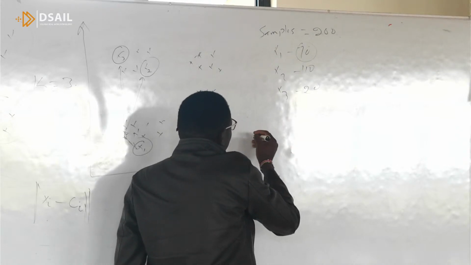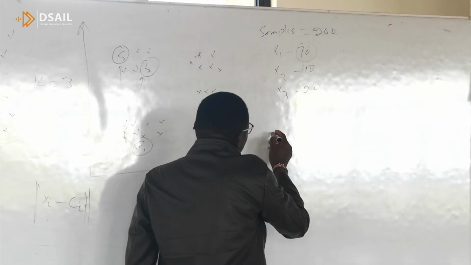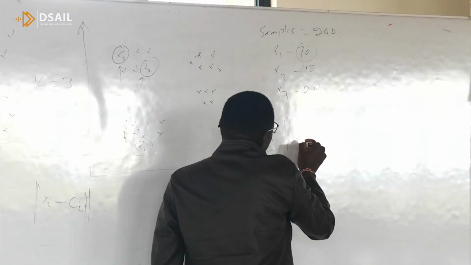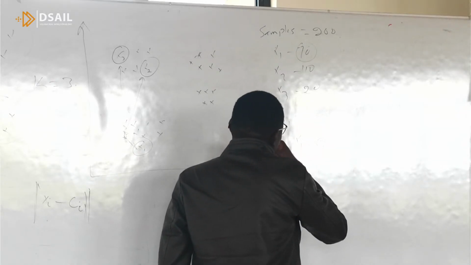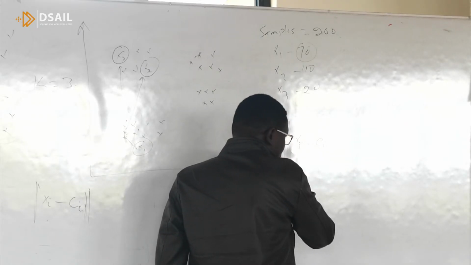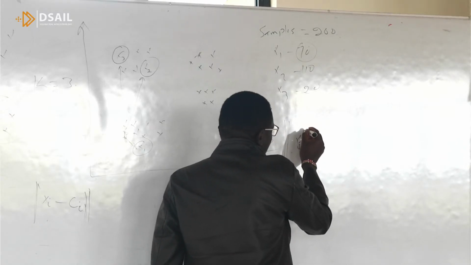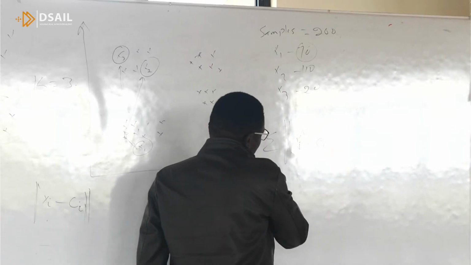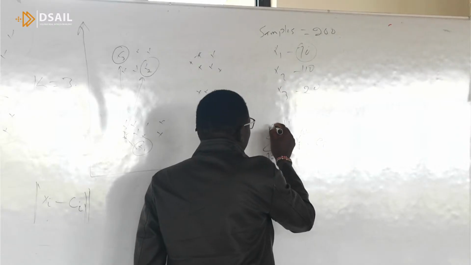I think it will be computed as a summation of xj minus ci, where x is in cluster i, and j goes from 1 to n.